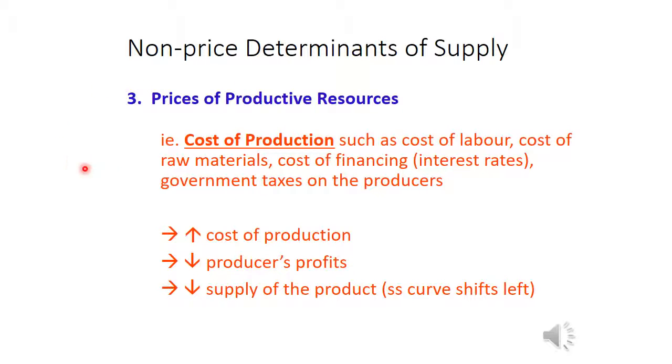Cost of production is one major factor that will cause the supplier to produce more or less. So when the cost of production goes up, the producer cannot afford to produce so much anymore. So supply of the product falls. So cost of production and supply are inversely related. When it becomes more expensive to produce, producers produce less.